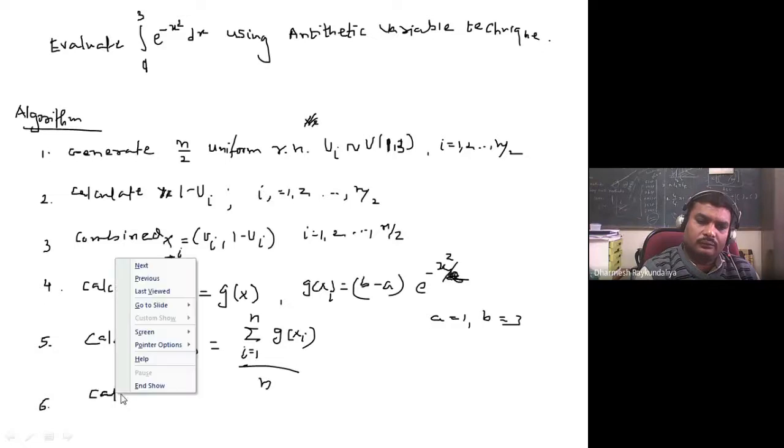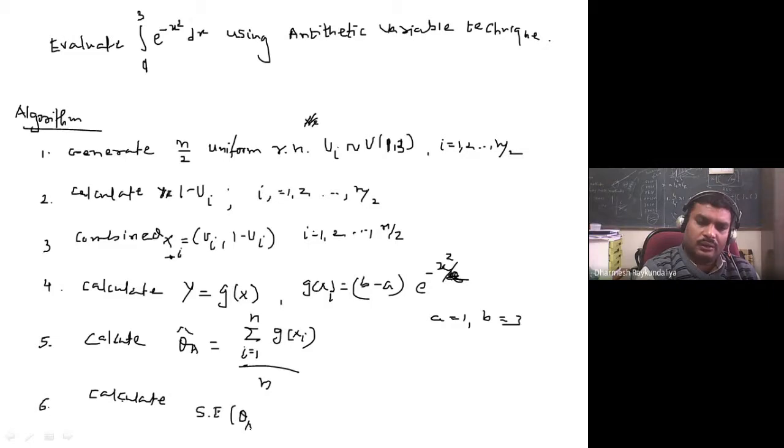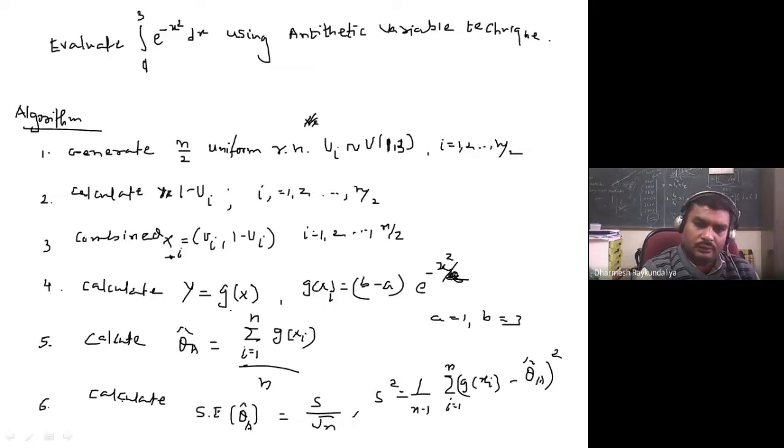Sixth, calculate the standard error of theta a cap by s upon root n, where s square equal to 1 upon n minus 1 summation of g of xi minus theta a cap whole square, and inside xi also there are n observations. OK, so x is actually like this. If you write the vector, it is u1, u2, up to un by 2, 1 minus u1 up to 1 minus un by 2.